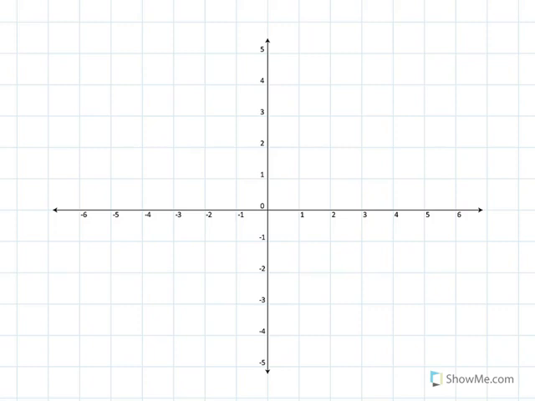Let's go ahead now and write the coordinates of the points on the x-axis. Here we have the first point, and the coordinates of this will be (1, 0). Then we have the next point 2, the coordinates will be (2, 0). Then we have 3, and it will be (3, 0).